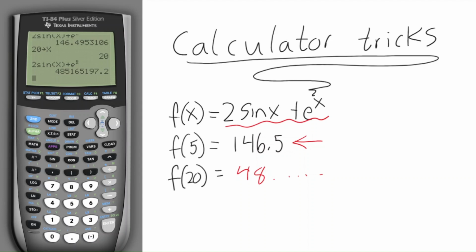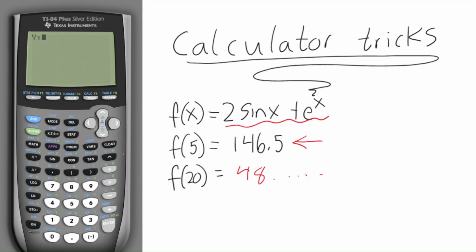So there's one more method that I like to use, and that one uses the vars. In this case, I'm again going to plug it into the y equals, which I've already done. But instead of going to the trace, where you have to wait for it to graph and make sure your window's right, what you could do is go to the vars, and then go over to yvars to the right, function, and then y1. So it's saying let's go to y1, whatever's in y equals y1, we can see that here.